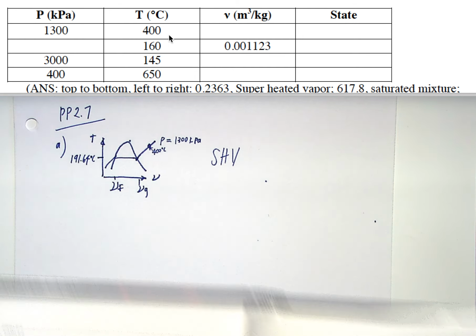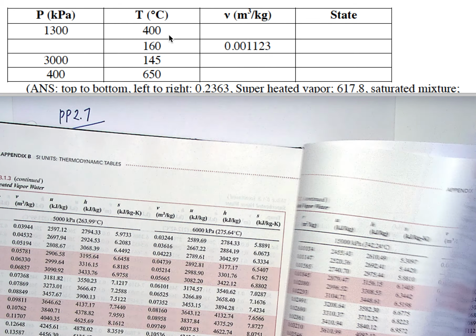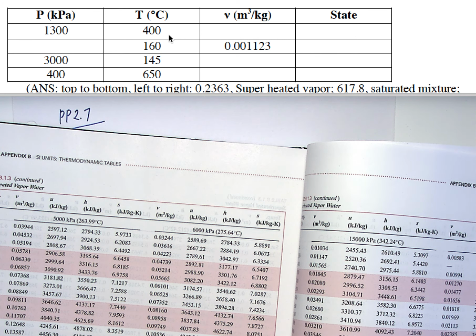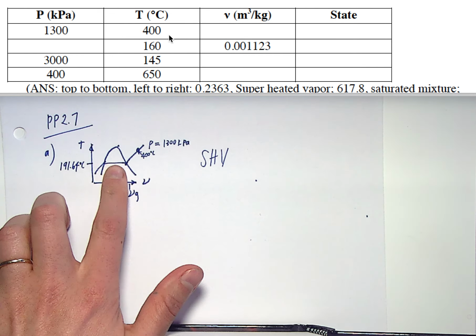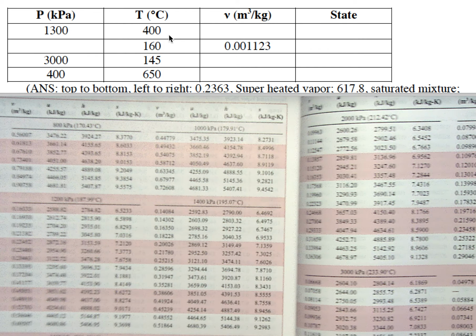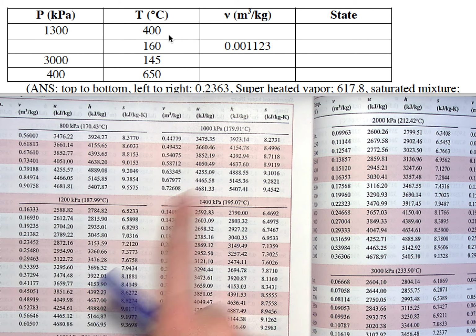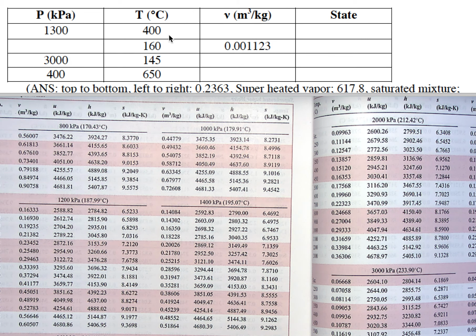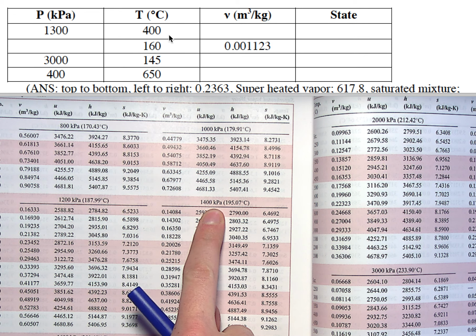When you reach that region, you are going to go to the superheated vapor tables instead of the saturated tables. The saturated tables are for any substance in this region between v_f and v_g. You're going to look for 1300 kilopascals in this table, and for this example there's only a 1200 and a 1400 entry, so you're going to have to interpolate.